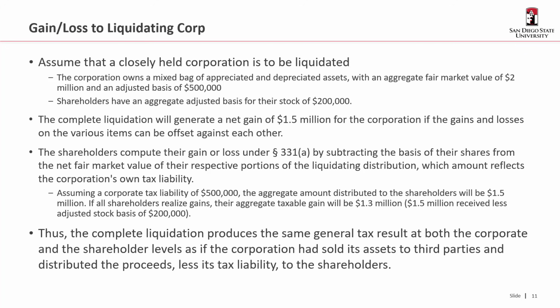So basically, a liquidation where the property is distributed versus a liquidation where the cash is distributed have no real functional difference between themselves. And that is by design. That is what the liquidation rules are built to deal with.